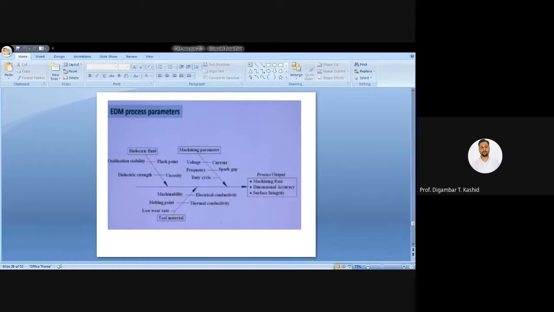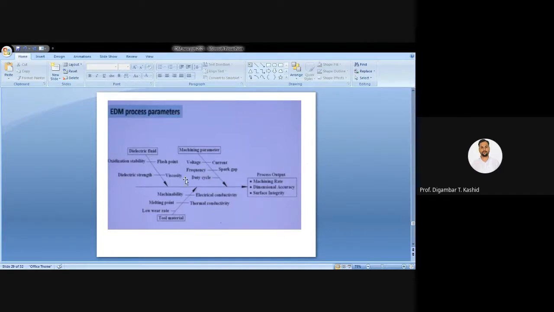Hence this EDM process can be employed to machine thin and fragile components also, and fragile features like micro-sized slots, without damage. So these are the different applications.